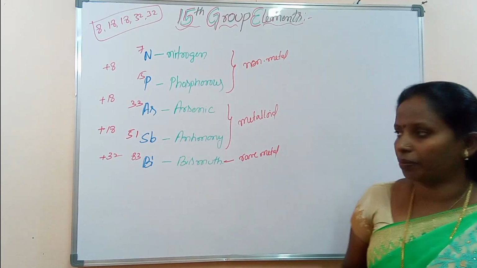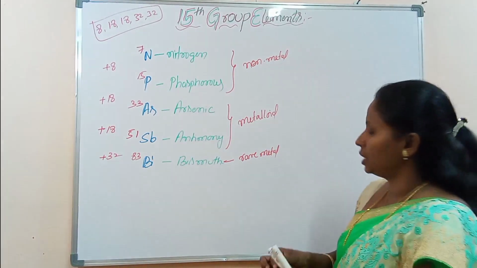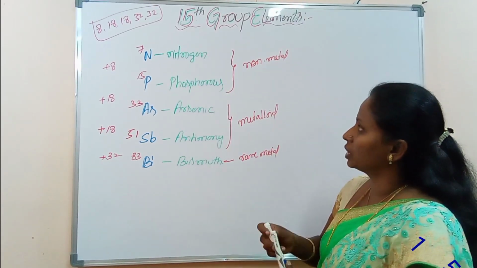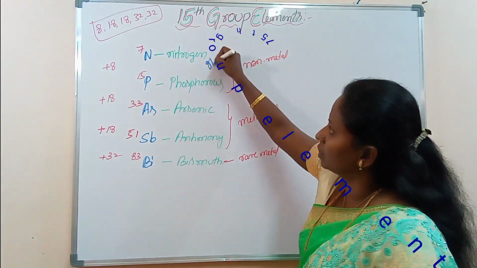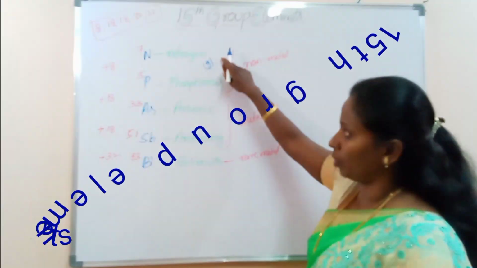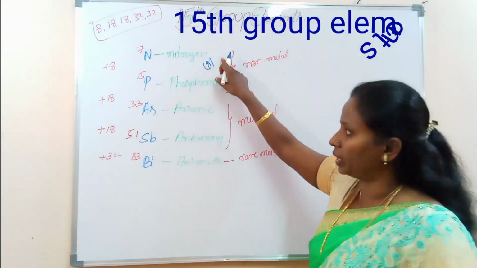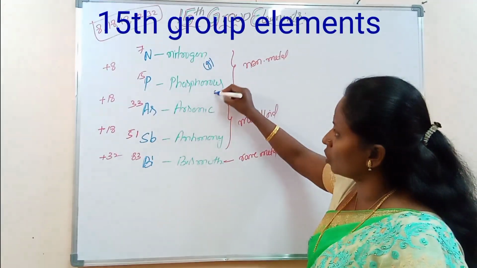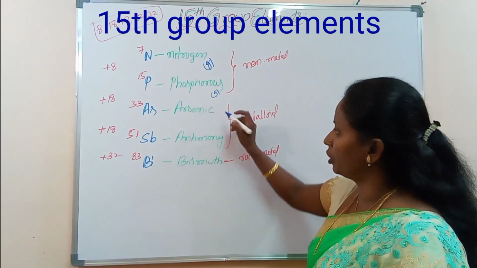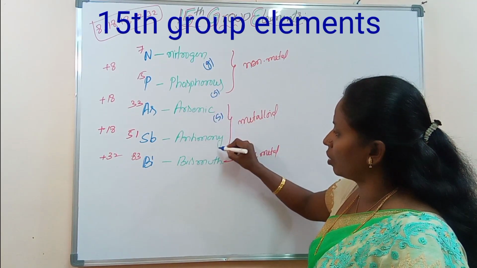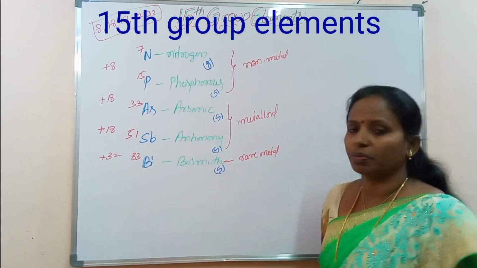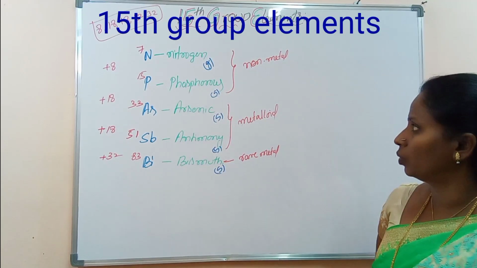Among these, nitrogen is gaseous in nature and is a non-metal. Phosphorus is a solid non-metal. Arsenic and antimony are also solid. Bismuth is a solid metal.